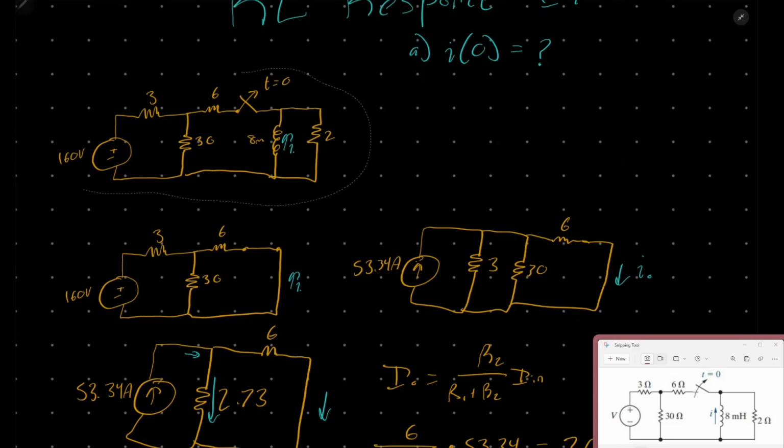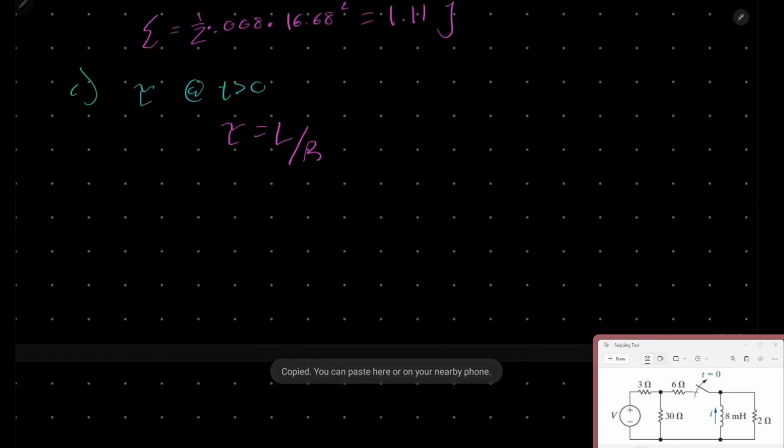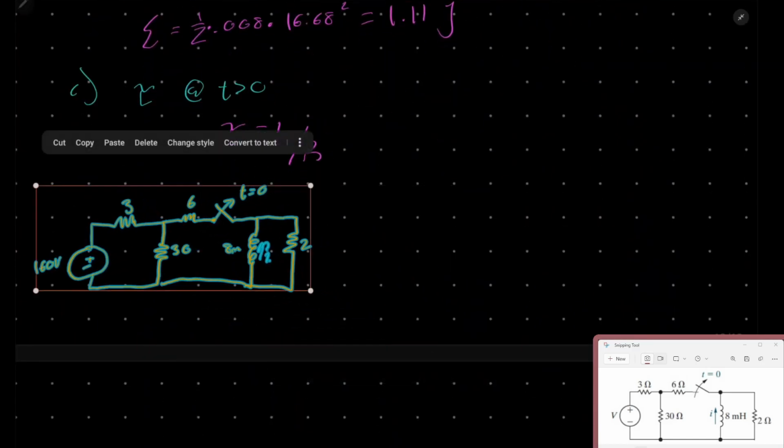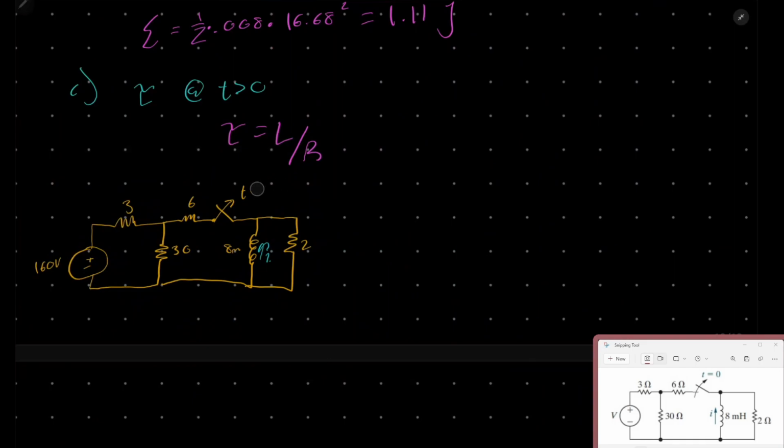So I'm going to copy the circuit, bring it back down here, and we'll see that when t is greater than 0, the circuit's open. So the inductor only sees this 2 ohm resistor.